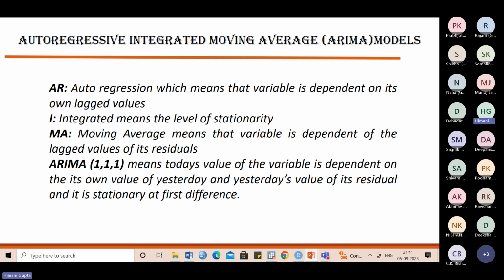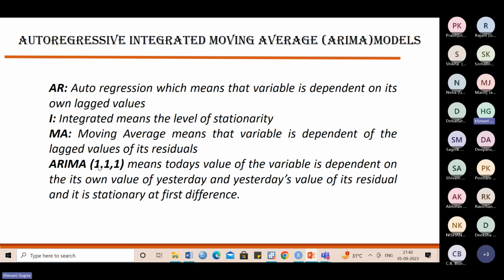So remember, if I am saying ARIMA 111, it means today's value of a variable is depending on its own value of yesterday, represented by the AR term, and yesterday's value of residual, represented by the MA term, and stationarity at first difference, which is this middle term.